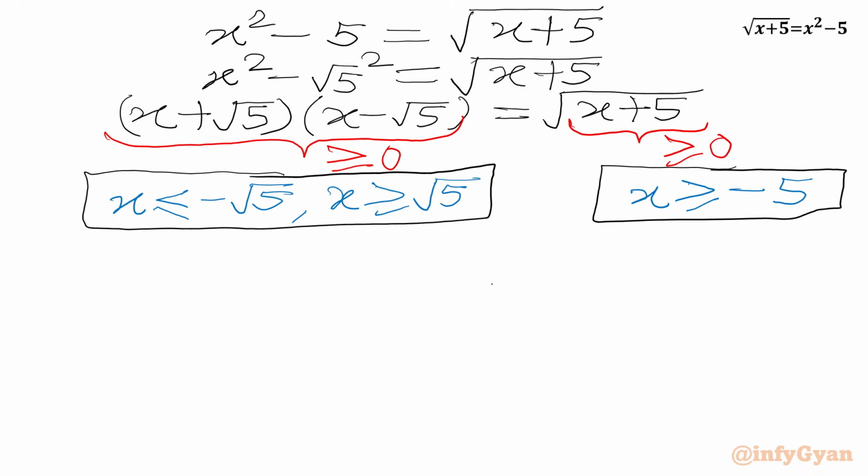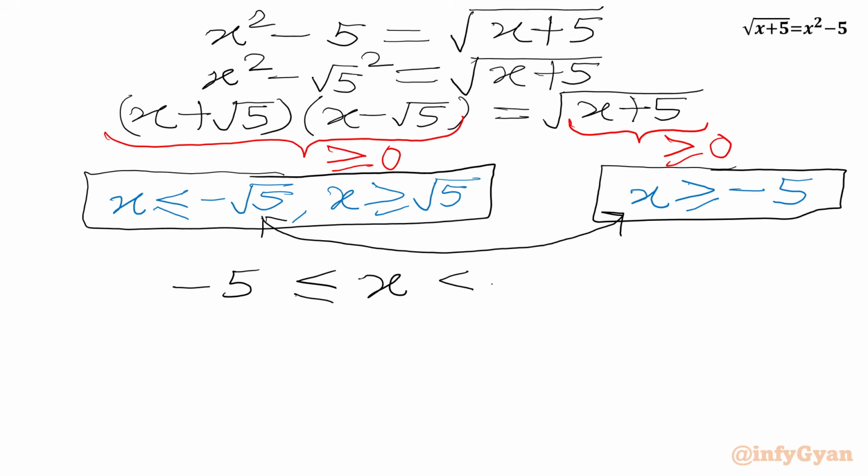Now we will take the intersection of these two conditions first. So we get x greater than or equal to −5 and less than or equal to −√5, and after intersection of these two conditions, we will get x greater than or equal to √5.